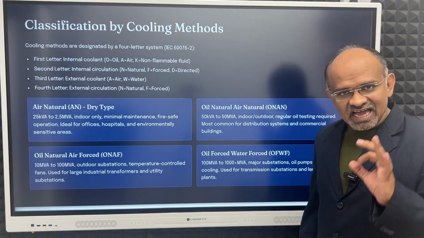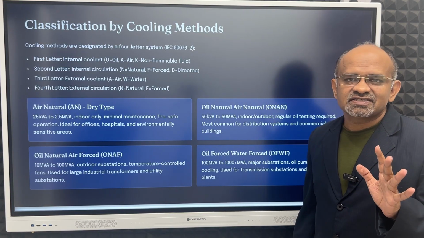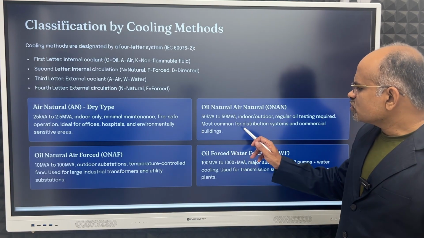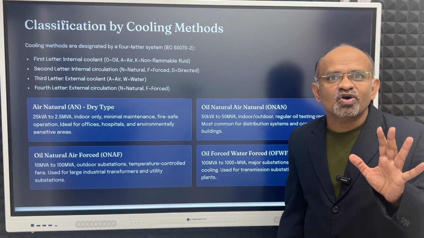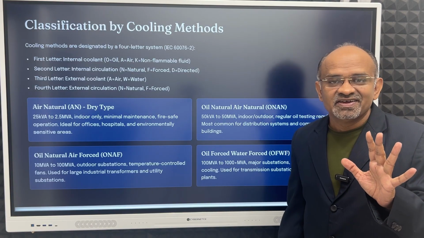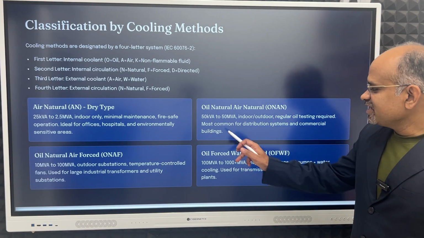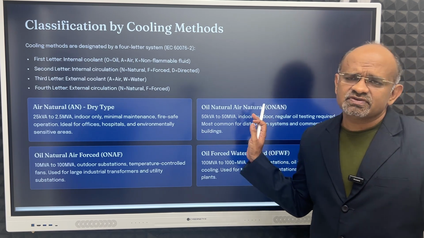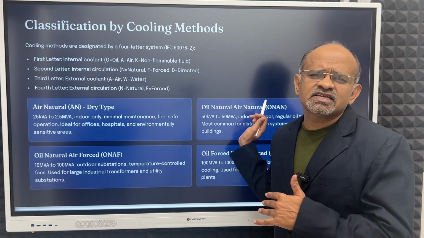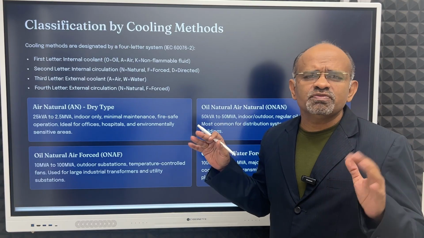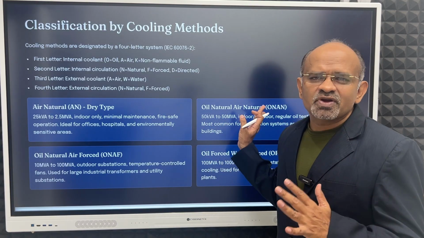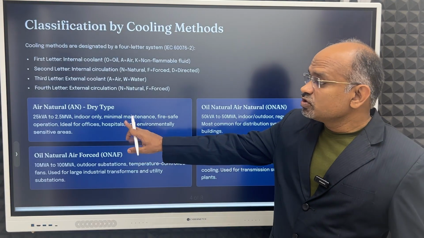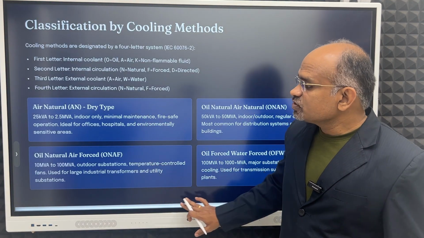I have seen some blasts happening in power transformers, most commonly in the paper or in the news. Most common for distribution systems and commercial buildings. Electricity boards always use this type of transformer because these are cheaper. But if you go to corporate offices, the dry type is used nowadays.